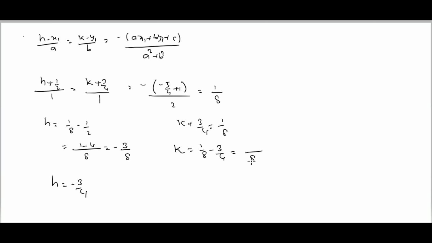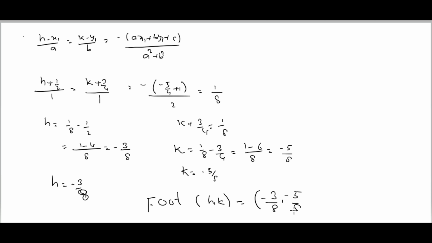Take LCM 8, 1 minus 6, that is equal to minus 5 by 8. So k value is minus 5 by 8. Therefore foot h comma k is equal to minus 3 by 8 comma minus 5 by 8. This is the answer.